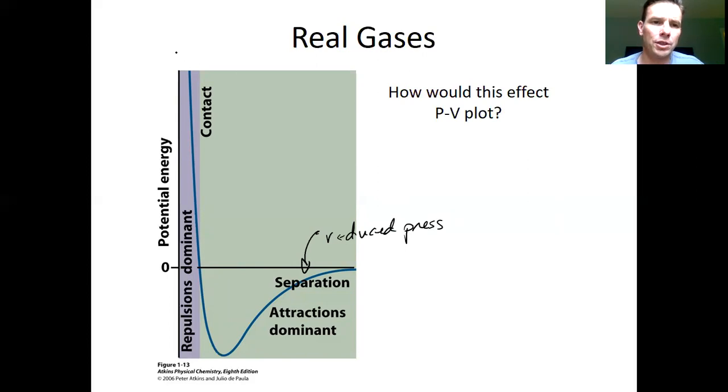And if you were in this region here, you would expect increased pressure. If molecules are repelling one another, they're going to whack the molecules even harder. And so we need some ways to handle this behavior or to describe this behavior in our gas systems.